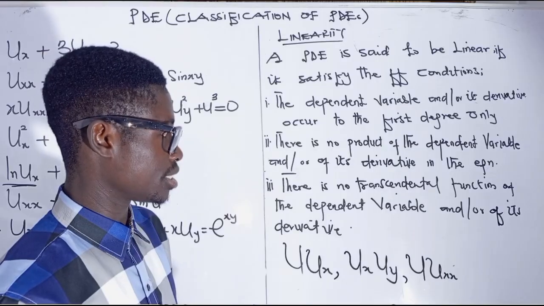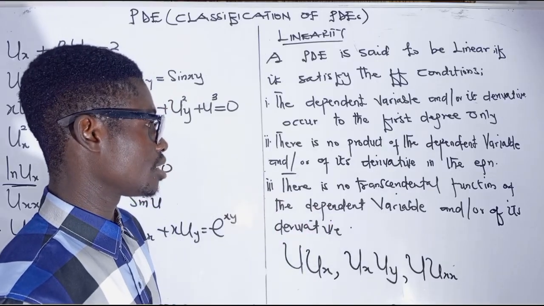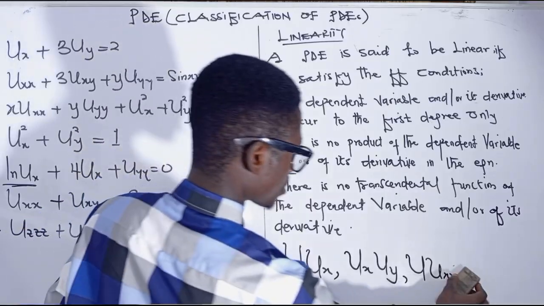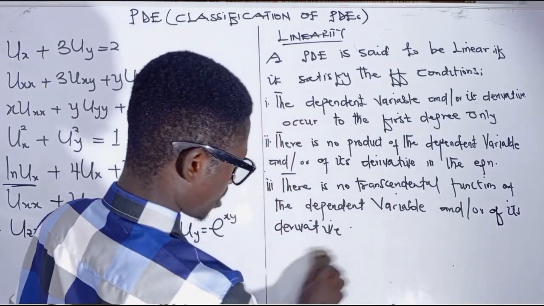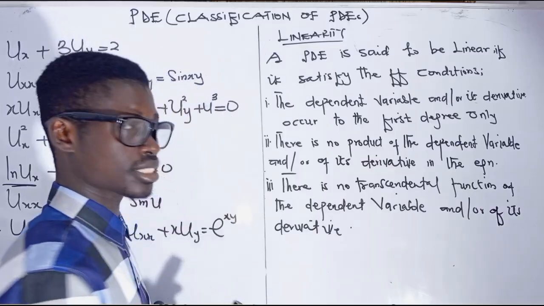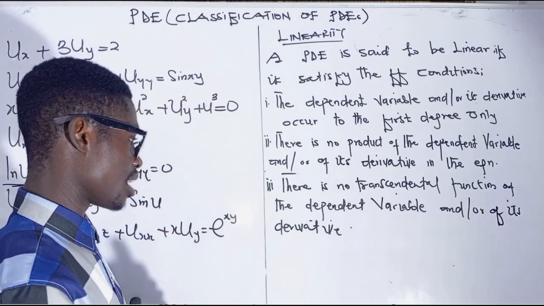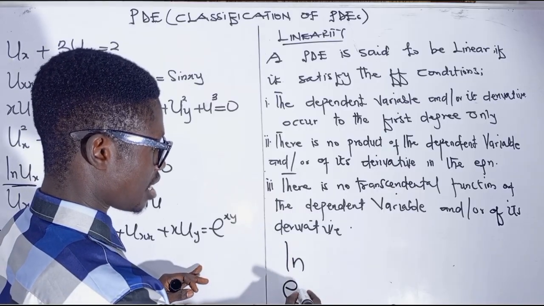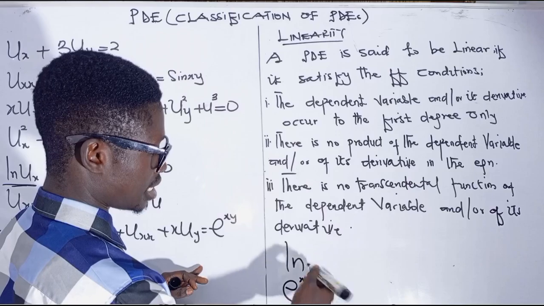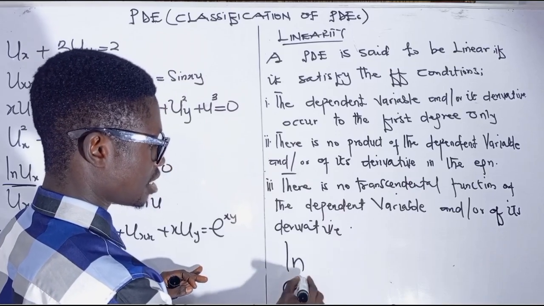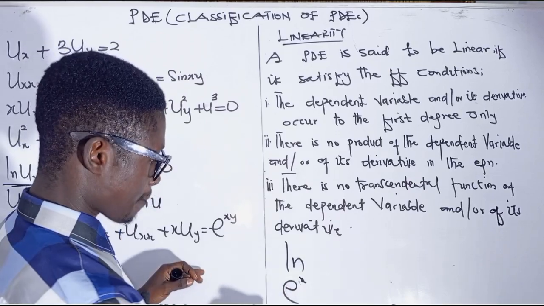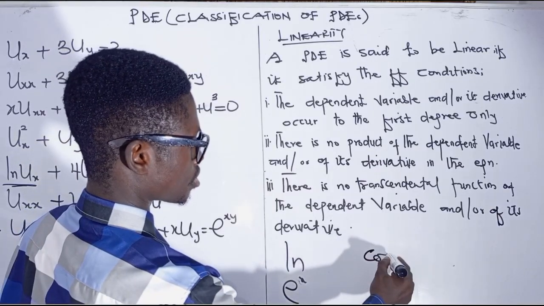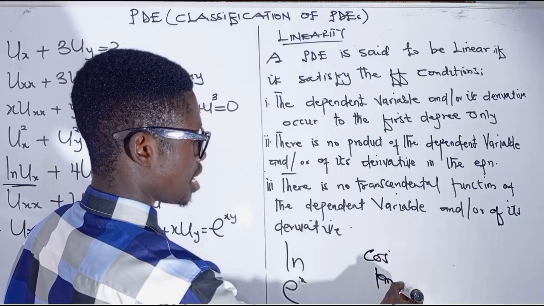Now let's look at the third condition. There is no transcendental function of the dependent variable and or its derivative. When we talk about transcendental functions, we are looking at the logarithmic functions, the exponential functions, and the trig ratios such as sine, cos, tan, and so on.